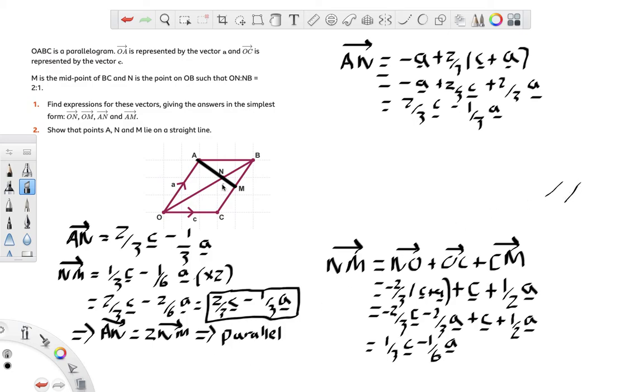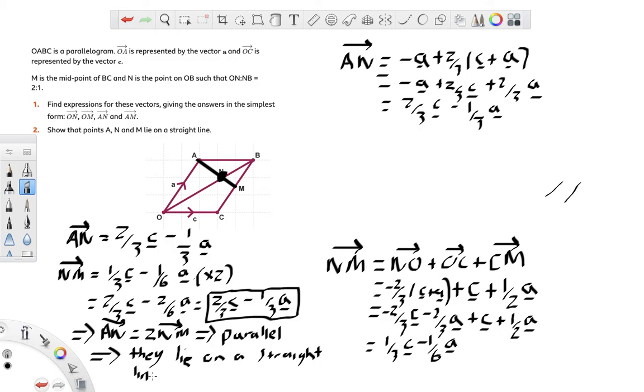They are parallel, but they share the common point N, so they both pass through N. So because they both pass through the same point, therefore, they must lie on a straight line.